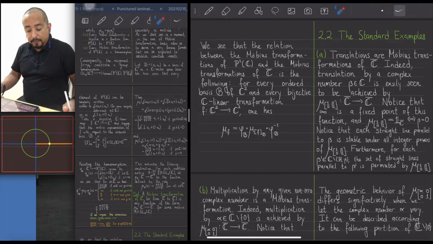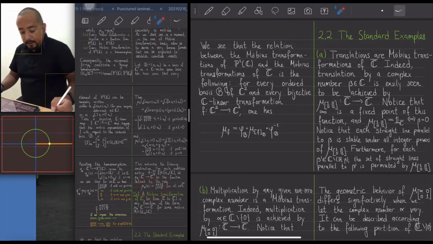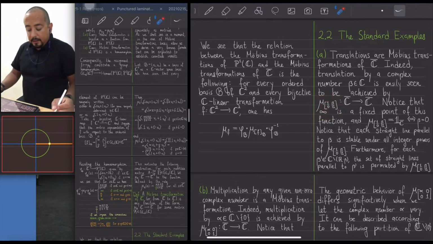Because if it is, we have to be able to present this assignment as arising from a square matrix via this formula that we saw. But that's quite easy. This matrix 1 beta 0 1 realizes the translation by beta as a Möbius transformation.